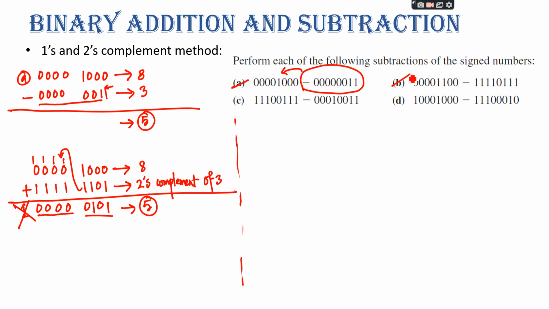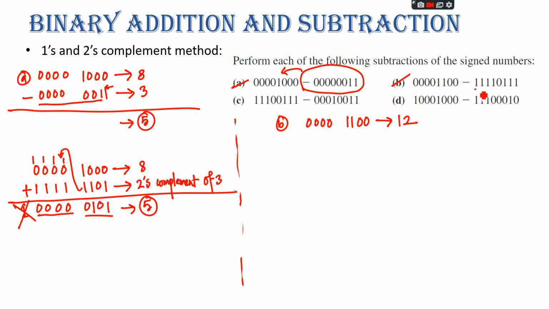Suppose we are doing B. So what's the number? 0000, then 1100. What should be this number? 12, right? Yes, sir.